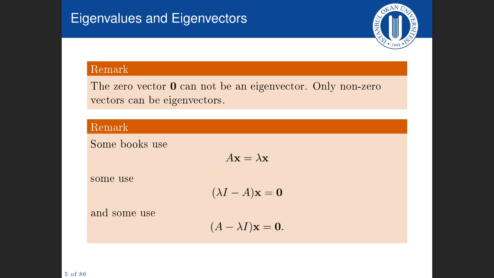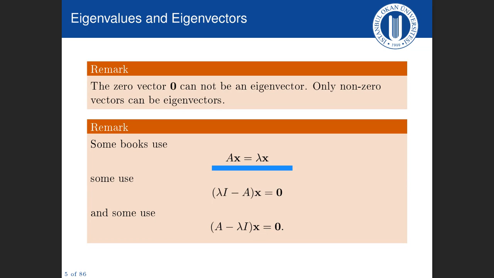Let me just repeat that. The zero vector cannot be an eigenvector. An eigenvector must be a non-zero vector. And let me just talk about the definition quickly. I've used the definition Ax equals lambda x. Matrix multiplied by vector is just equal to number multiplied by this special vector, which is called an eigenvector.